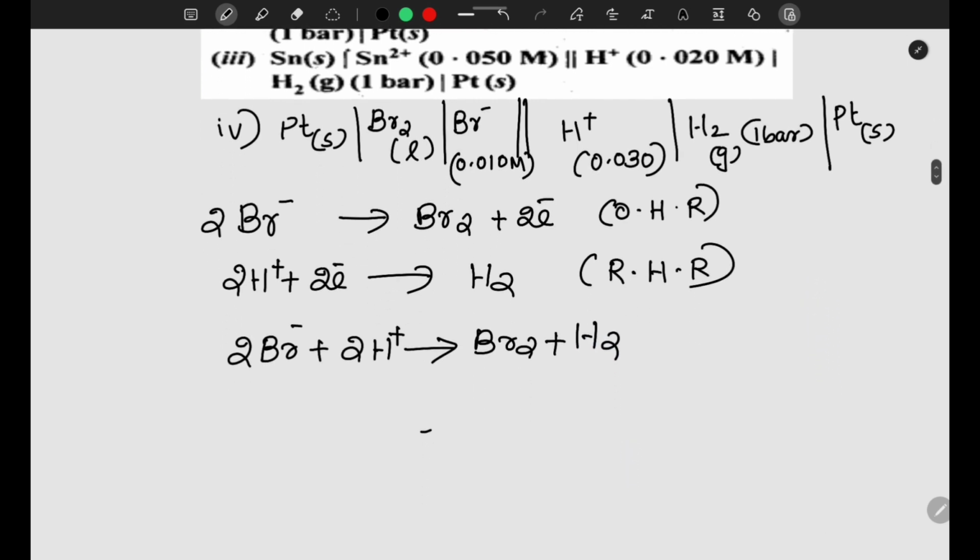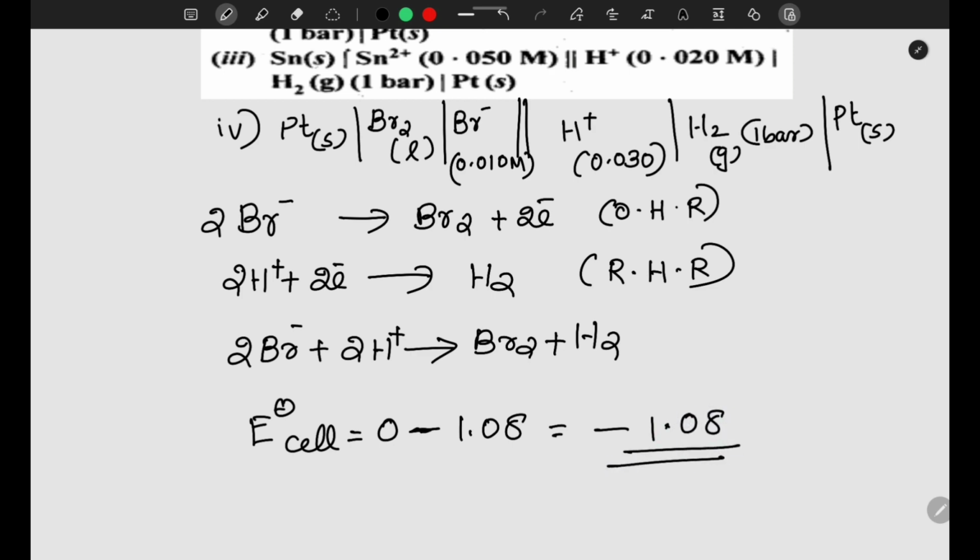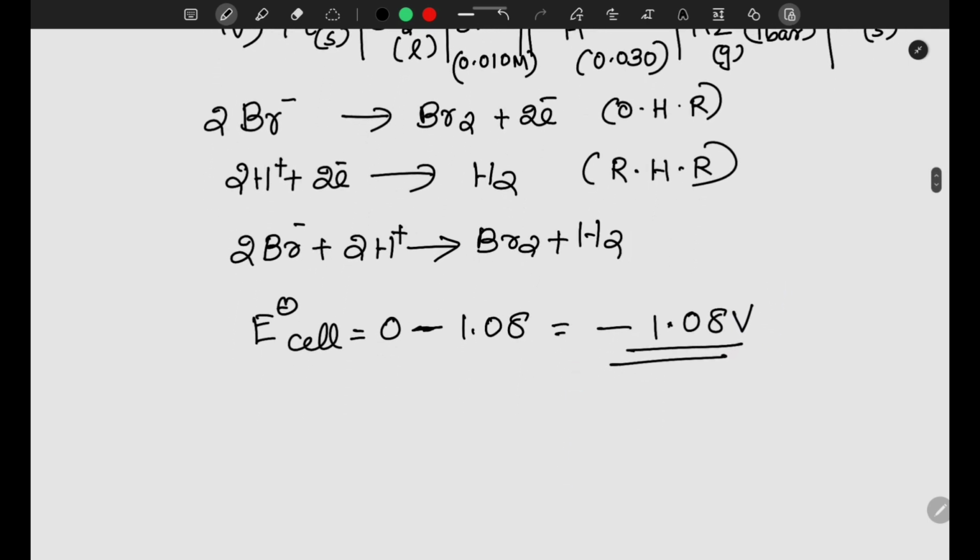Now E0 cell is equal to E0 cathode minus E0 anode, that is 0 minus potential of bromine is 1.08. So our E0 value is negative 1.08 volt. Now let us go back to the NCERT equation.